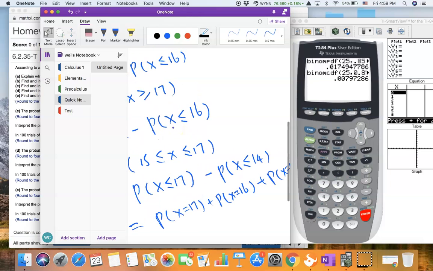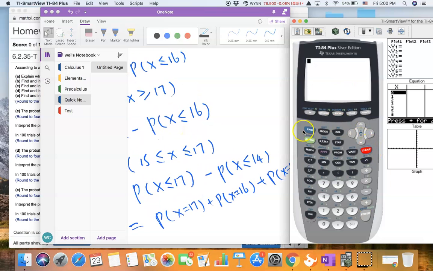Okay, so to do this, I will first compute this probability. So I go to the binomial CDF. Remember, PDF is only for finding the probability that x equals something. Okay. So n is 25 and p is 0.85. Now x is 17.